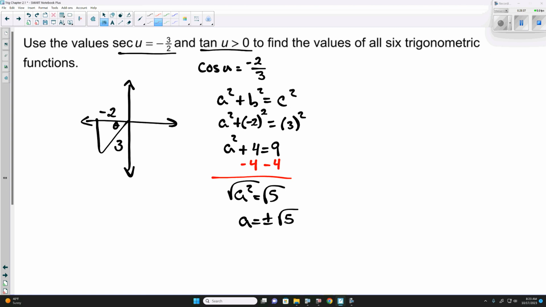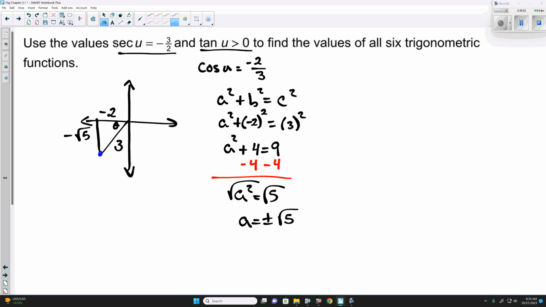Now, when we did this in geometry, we just said it was positive because we're talking about a triangle. But in this context, the opposite side would indeed be the square root of 5. Is the y value for that side, that distance we're going down, positive or negative? Negative, so it's negative square root of 5.